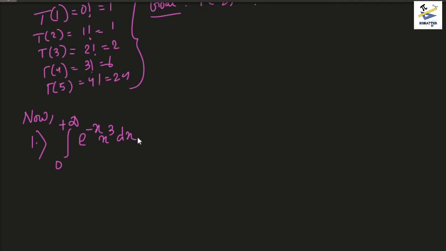But now what you do know is you can always express it like this: 0 to positive infinity. You have to write the power of x as something minus 1, that is 4 minus 1 for this case, dx, and this would be simply equal to gamma of 4, isn't it? And you do know that gamma of 4 is 3 factorial, and this should be equal to 6.